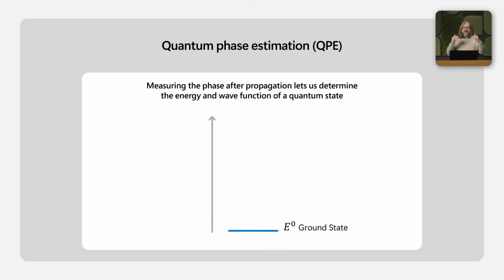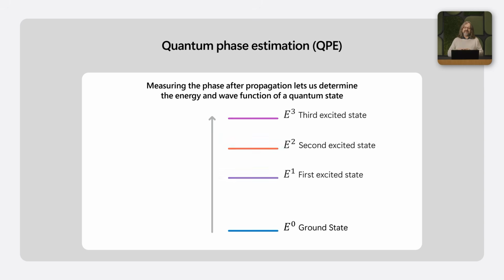We talked about how we evolve a quantum state in time. And when you look at a molecular material in the quantum system, the energy levels will be quantized. That's where the word quantum physics comes from. The lowest state is the ground state, and then there's the hierarchy of excited states.